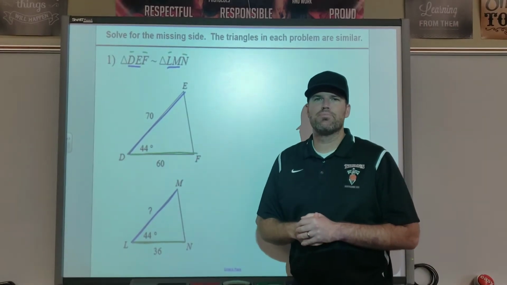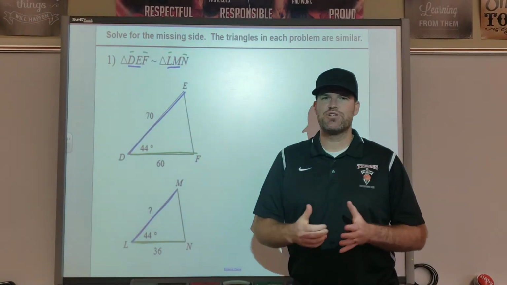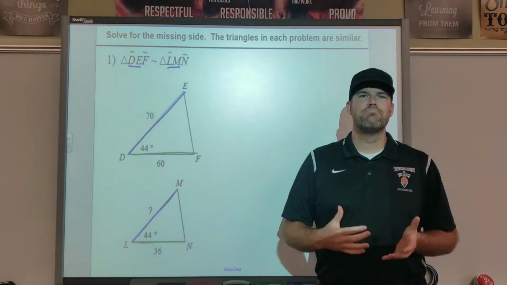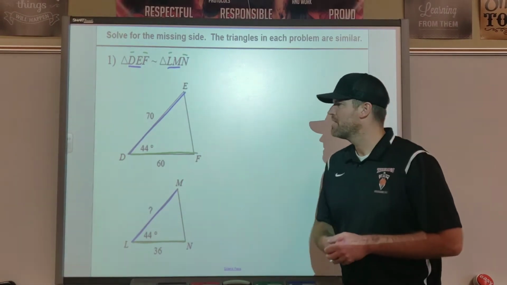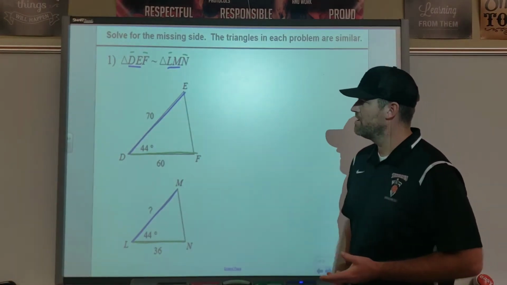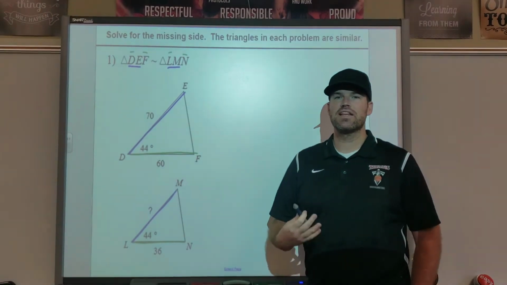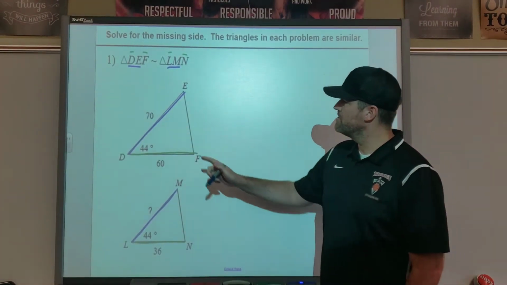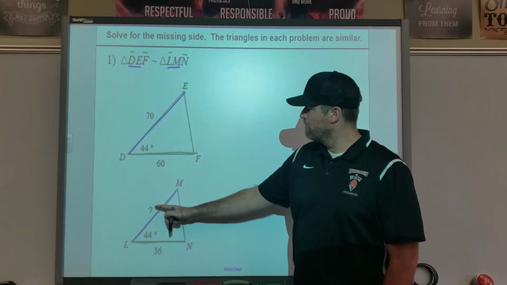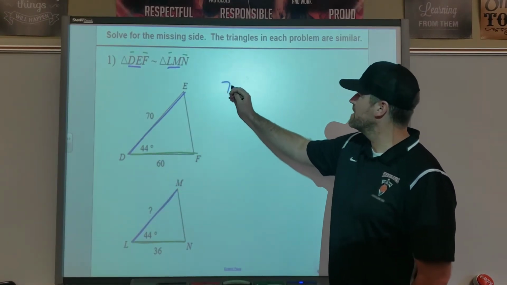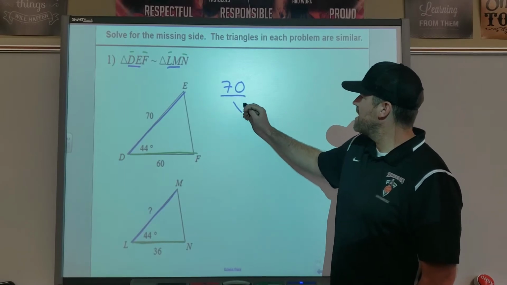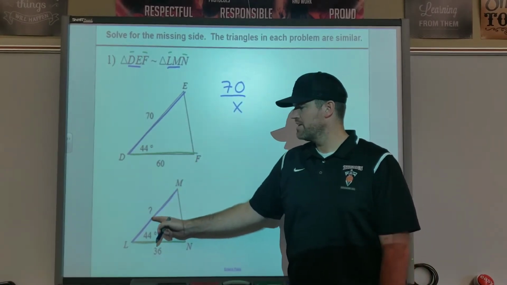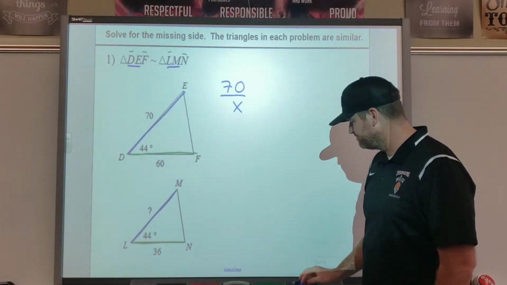Now the way I set up the proportion, we actually have lots of options, which is what I really like about a lot of this geometry we're doing, is there's multiple ways we could solve this. So I'm going to show you one, and then I'll probably show you a couple of the others that work and give us the same answer. So the first thing I could do is I could do 70 over x. All right, I'm taking two sides that correspond, and I'm taking one side of one triangle over its corresponding side in the other.